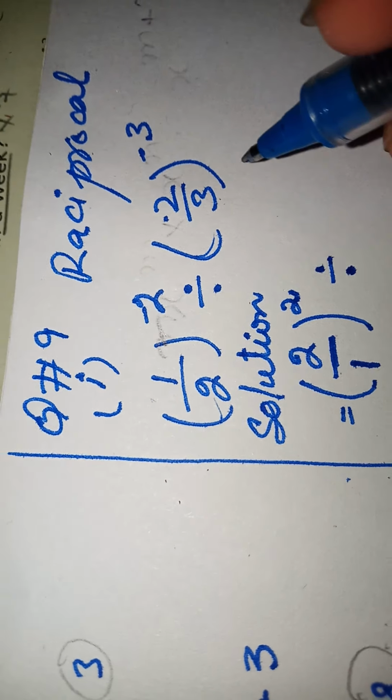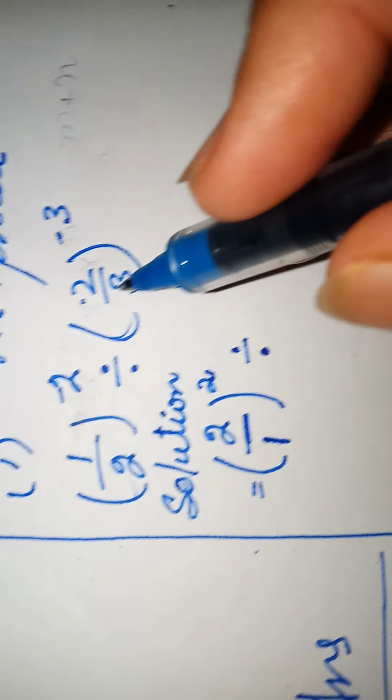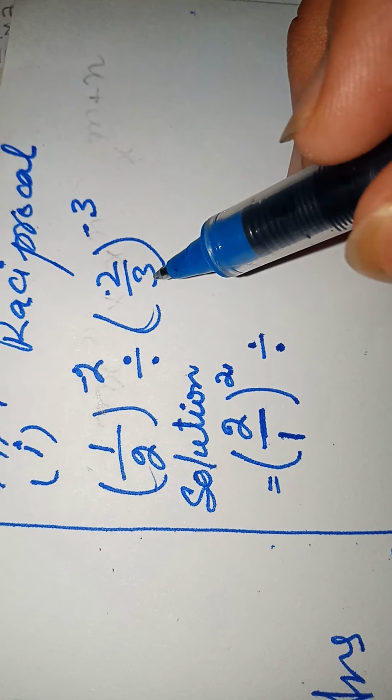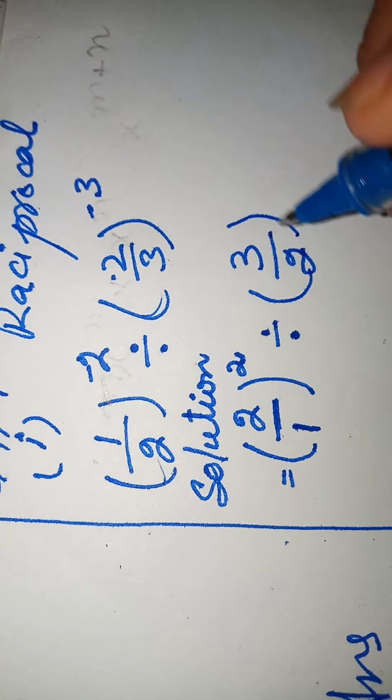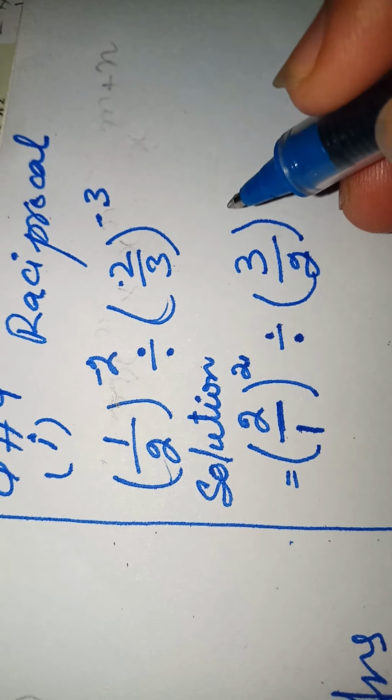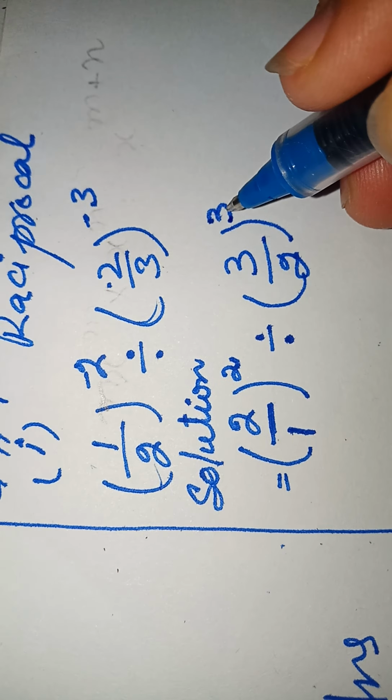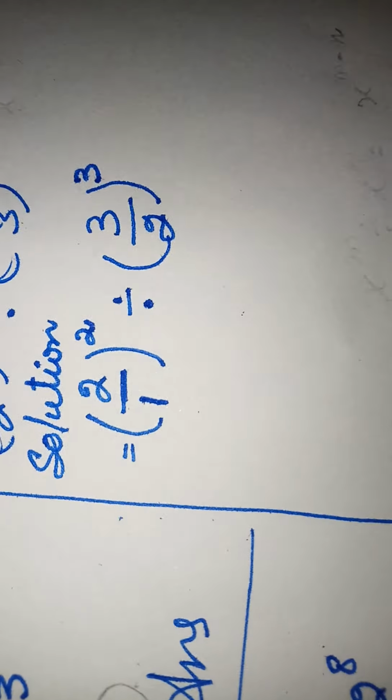The sign of division will remain over here, and when we take the reciprocal of 2 by 3, it will become 3 by 2, and its sign of power will also become positive, and that will remain 3 only.